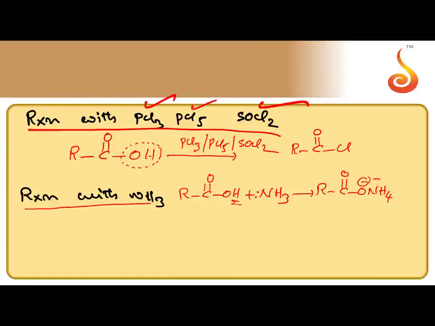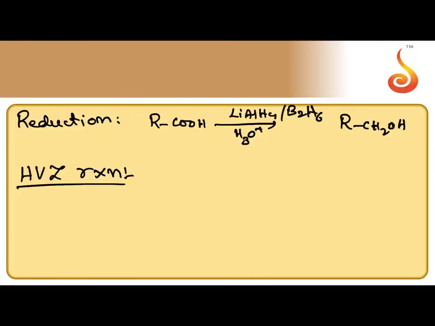NH3 becomes ammonium ion. They get combined forming a salt, ammonium carboxylate. Ammonium carboxylate on heating undergo dehydration, producing amide. So finally the product obtained is amide.